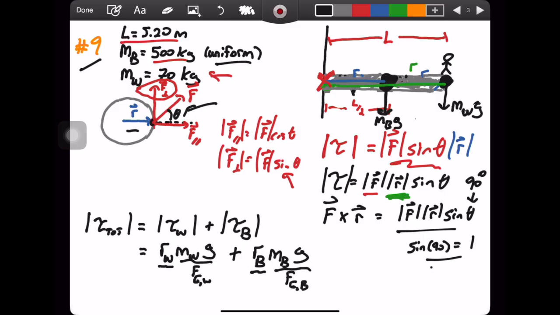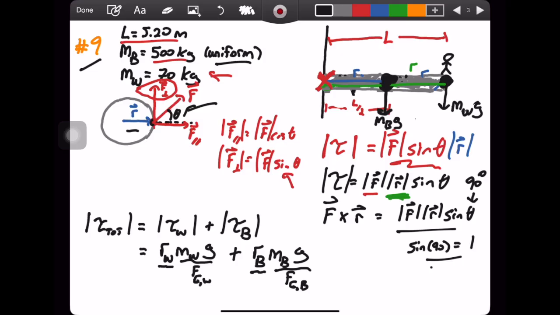And this is just the distance from the bolt, which again is right here, to L over 2, where we're going to treat all of the mass of the beam as being located, for the argument that I presented earlier, because of the beam being uniform in its mass distribution and the torque scaling linearly.